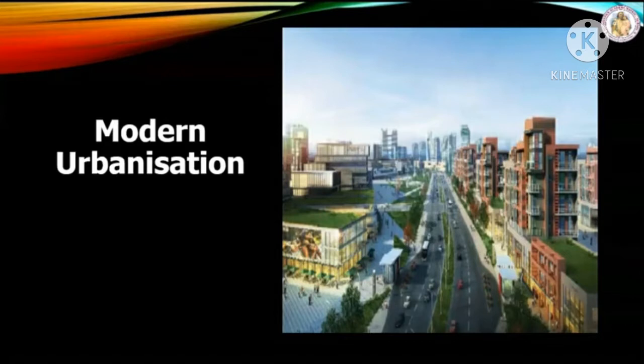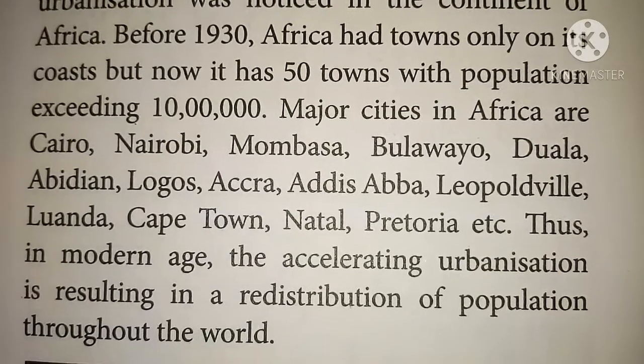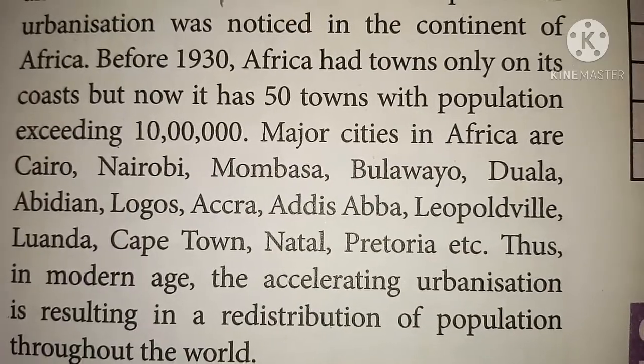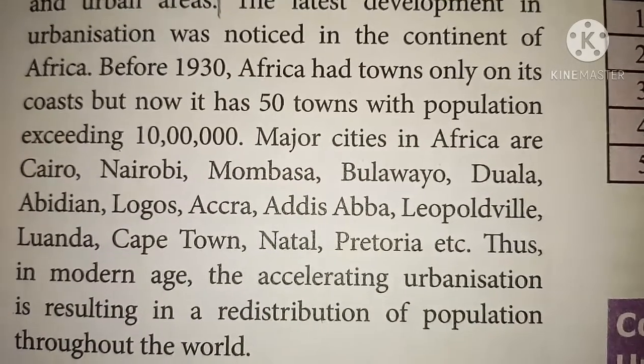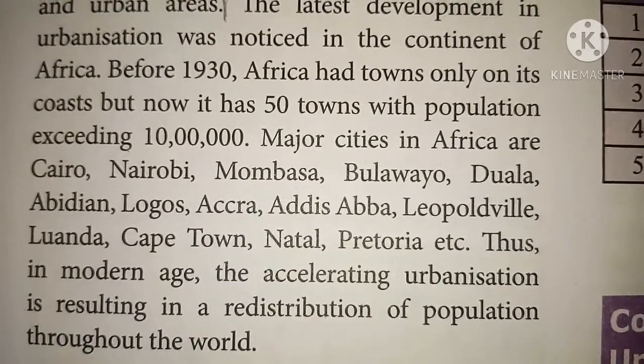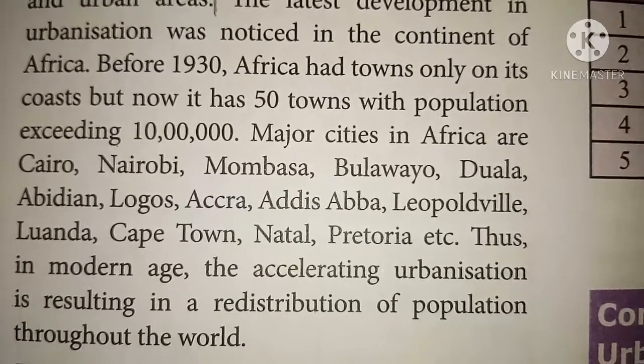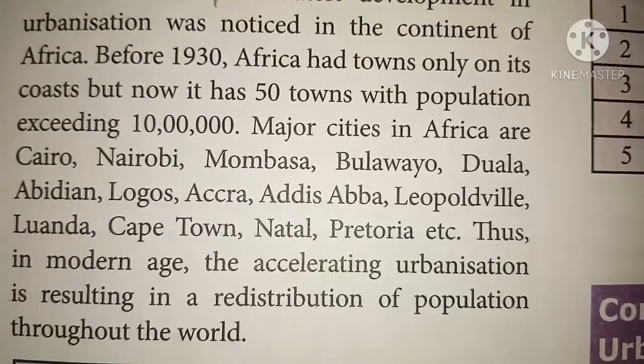The modern means of transport and communication, and the development of new trade routes during the 19th century, had strengthened the trade centers and urban areas. The latest development in urbanization was noticed in the continent of Africa. Before 1930, Africa had towns only on its coast, but now it has 50 towns with population exceeding 10 lakhs.